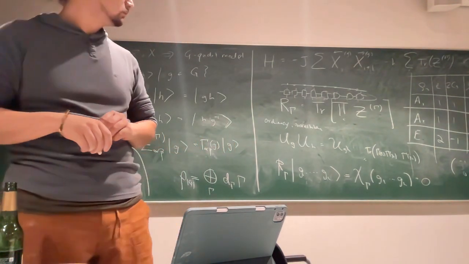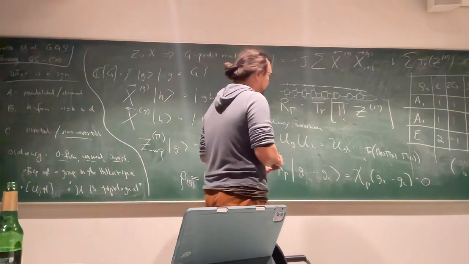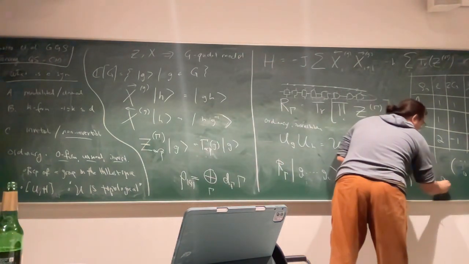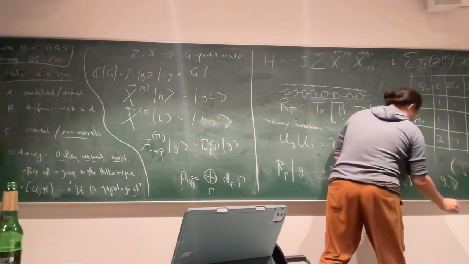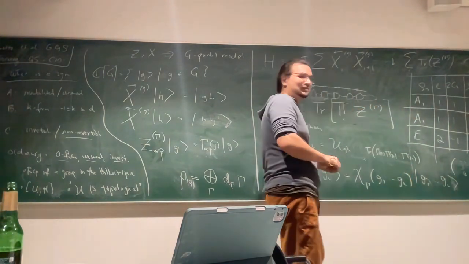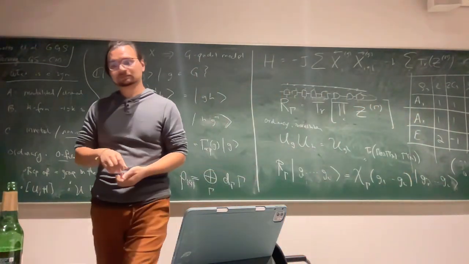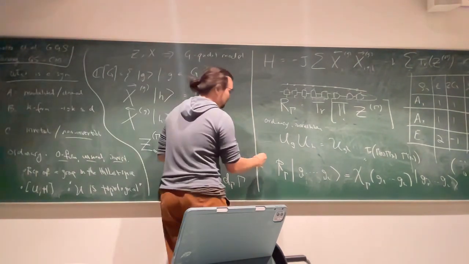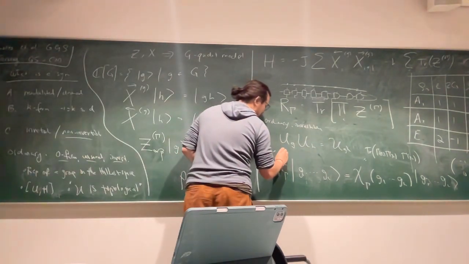Oh, diagonal, I'm sorry. So yes, it pulls out something. And why did you write before ordinary invertible? What was it referred to? Oh, so this is the non-invertible case.